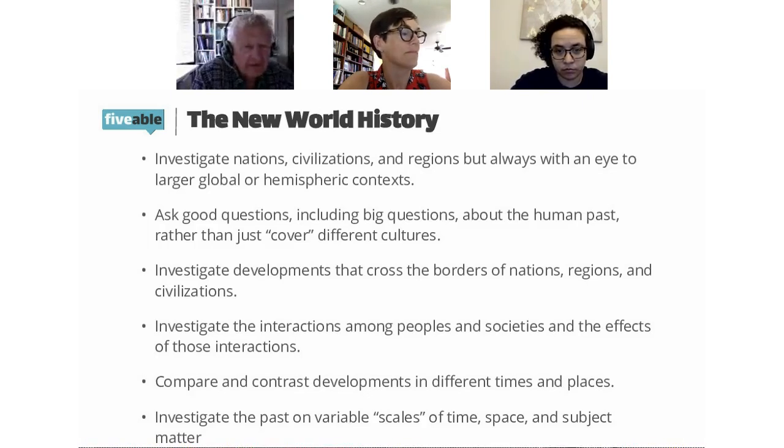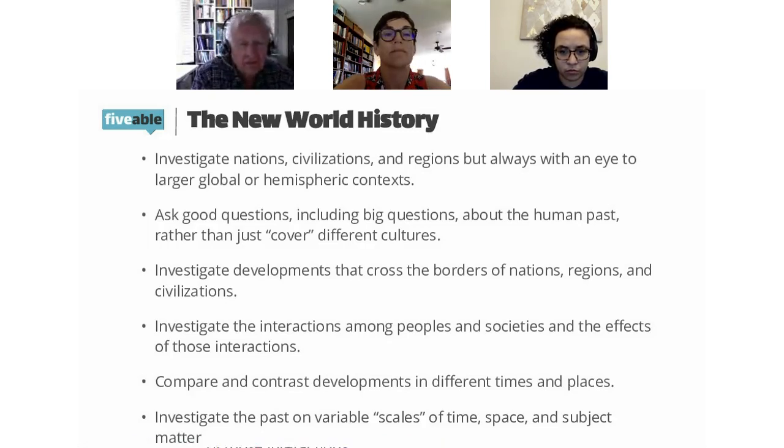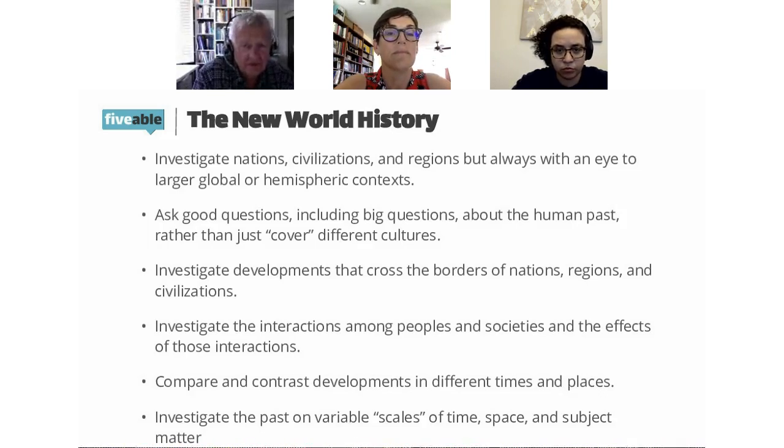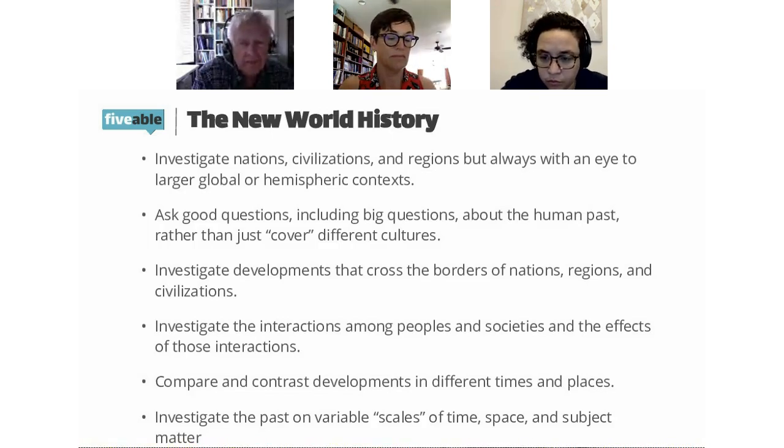First one is that we continue, as we've done conventionally, to investigate nations, civilizations, regions, even hemispheres. But we try to do it with an eye to the larger context, to put civilizations and other units that we study into a bigger frame, to situate them in relation to what is happening in the world around them.